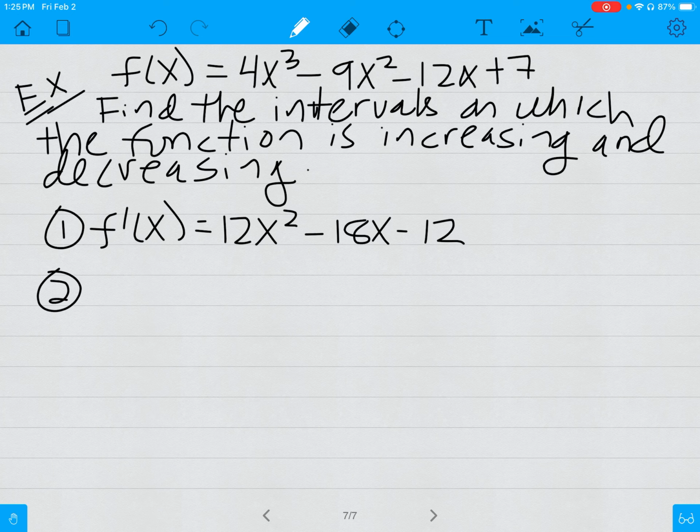I mean, as an aside, if your derivative was something like 1 over x minus 3, as an example, then x equals 3 would end up being one of your critical numbers, because if we plug that in here, we get 1 over 0, which is undefined, and therefore the derivative does not exist at that point. Okay, but we don't have anything like that going on here. So we are just going to be looking for our critical numbers where this derivative is equal to 0. So we're going to set it equal to 0.